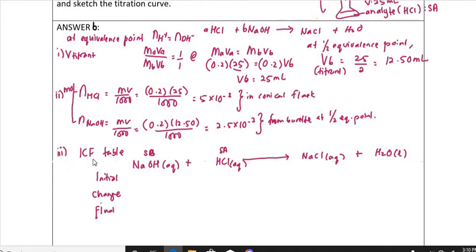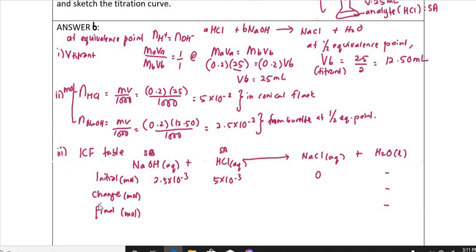When you use ICF table, the unit is only one, which is mole, that you learned before. Okay, mole NaOH here from the part 2 here, which is 2.5 exponent negative 3. HCl is 5 exponent negative 3, and NaCl is 0, not produced yet. H2O liquid, since the phase liquid, not involved in your ICF table.